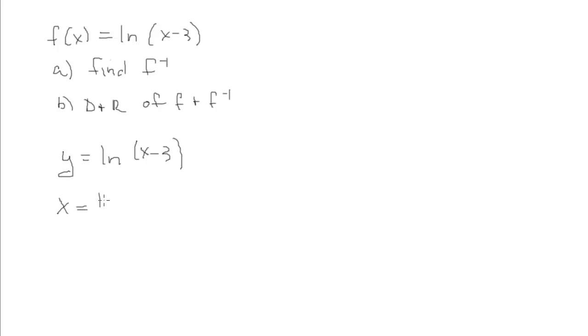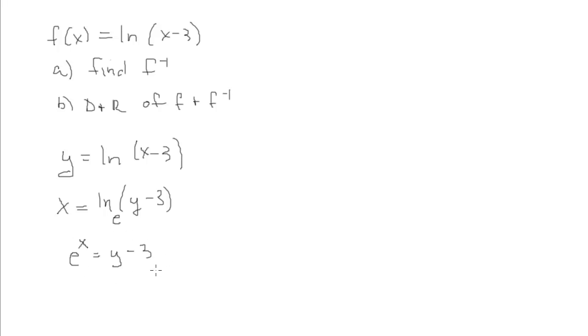So x is equal to the natural log of y minus 3. Now I need to solve for y. So what we need to do is change this to an exponential expression. Remember, natural log means my base is e. So I can rewrite this as e to the x is equal to y minus 3.